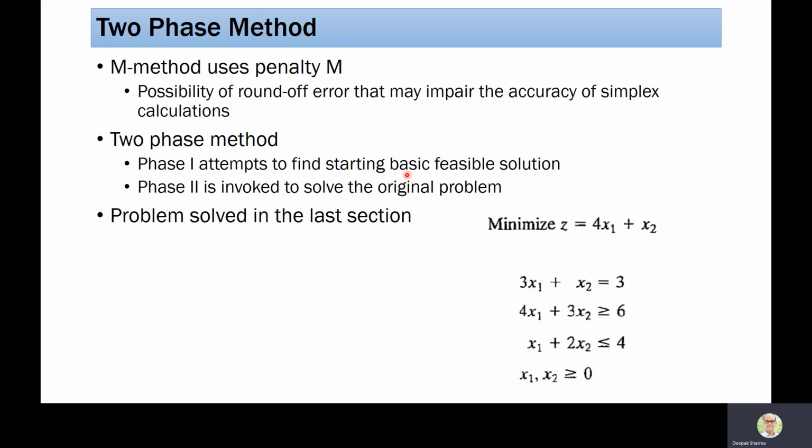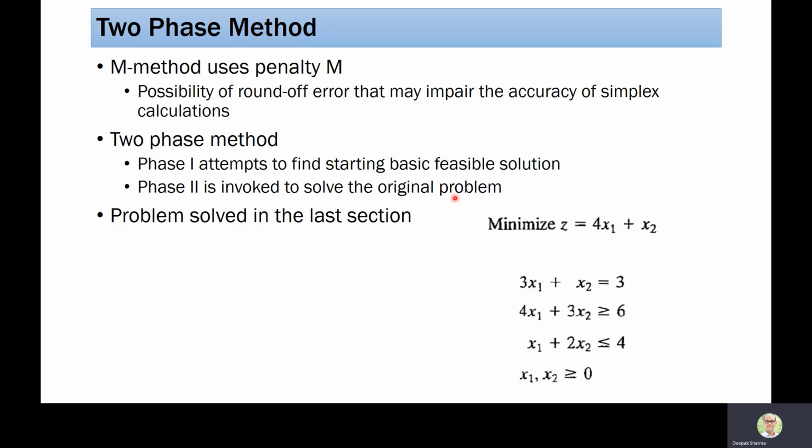In the M method also, when we took x1, x2 as our non-basic variables at the beginning, this means that we were starting at the origin. Now we know that the origin is an infeasible solution. So we will first find the basic feasible solution, and from that basic feasible solution we are going to solve the original problem.